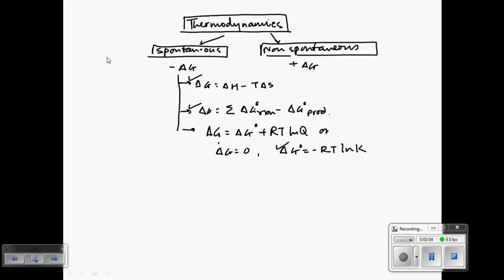Now, you know that delta H F, heat of formation, and delta G for pure elements is 0. But delta S is not 0 for pure elements.